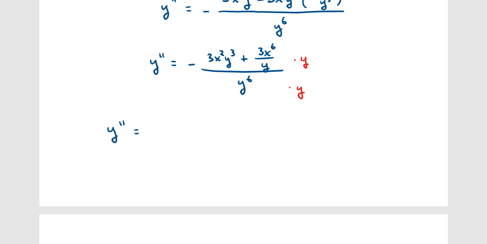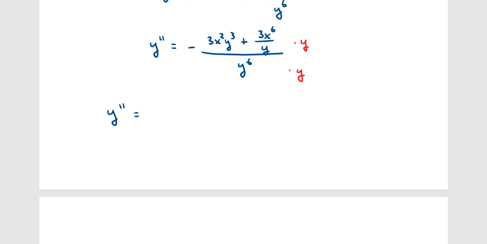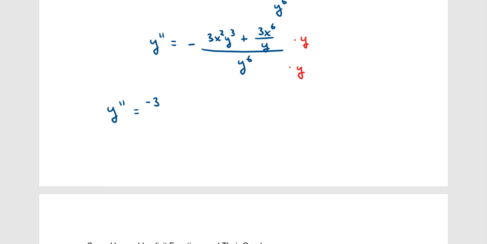And we get negative 3x squared. We get y to the 4th now because we multiplied by y. And then that second term is going to be 3x to the 6th because the y's cancel. That denominator is y to the 7th.